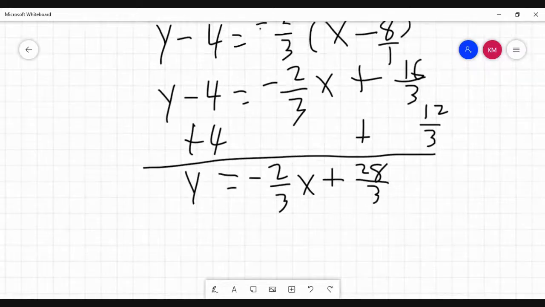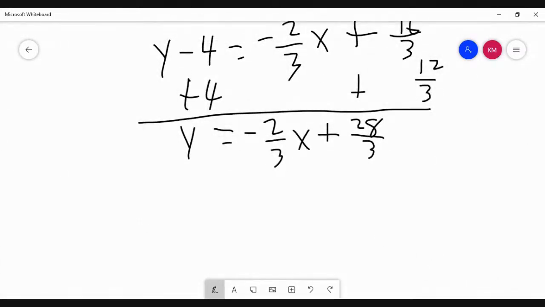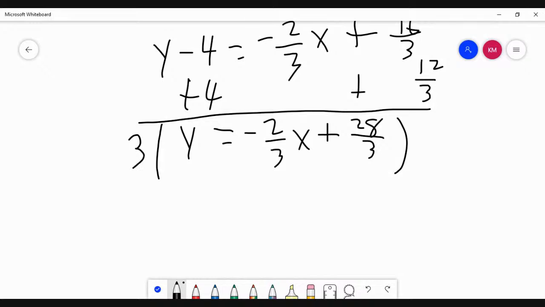Well, in order to do that, I must multiply everything by 3. Now, once I multiply everything by 3, the 3's under 2 and the 3 that is under 28 will go away. And then the 3 times the y will give me 3y.